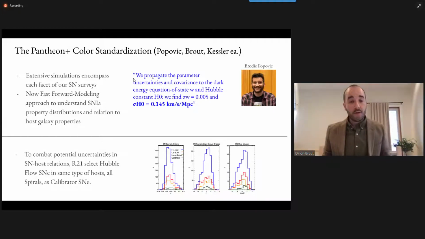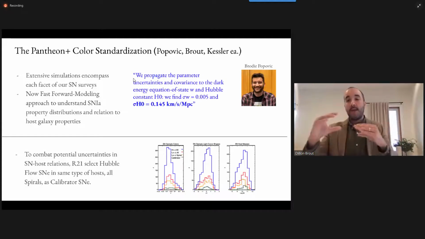One other thing that I'll also note is that in the SH0ES paper itself, which you'll be hearing about shortly, Adam and others, what they do in order to combat the potential uncertainties due to supernova host relations, as we've said before, it's important to mitigate systematics by making sure the demographics of your sample are similar between the second and third rungs of the distance ladder.